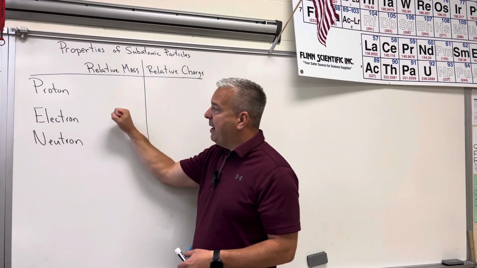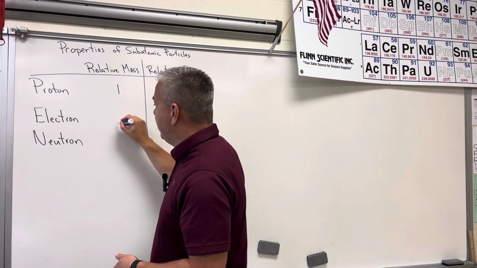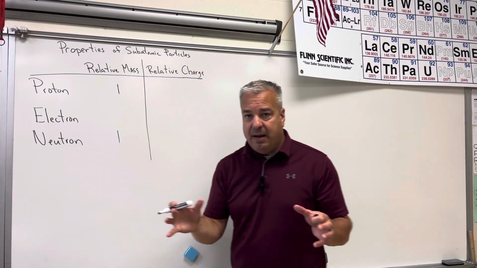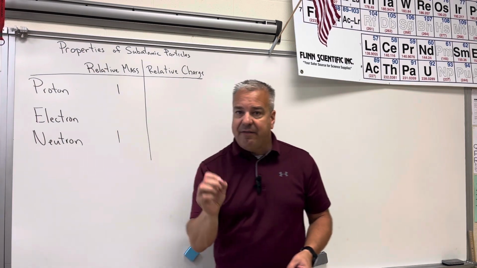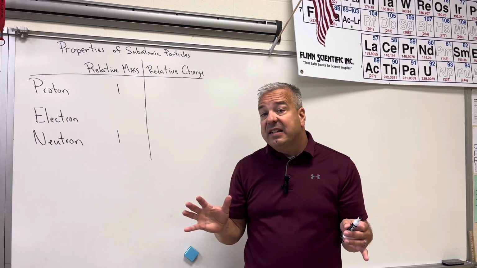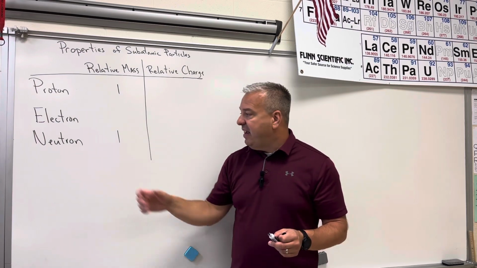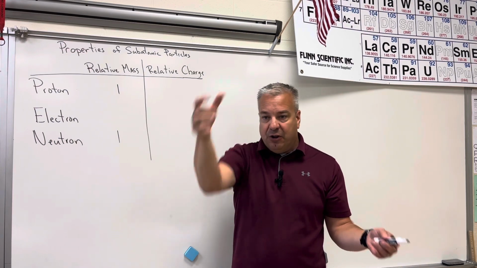So let's start out with the mass. The two things that have mass are the protons and neutrons, and we assign them a value of 1. Now, the electron does have mass. However, the mass is so small that it's insignificant. It's kind of like saying, if you had this automobile and then you put a feather on top of it, would it weigh more?